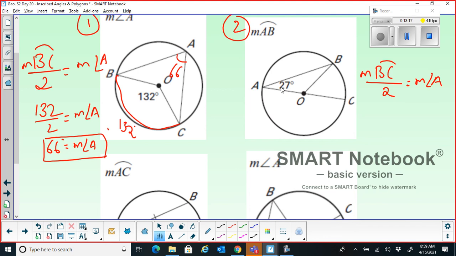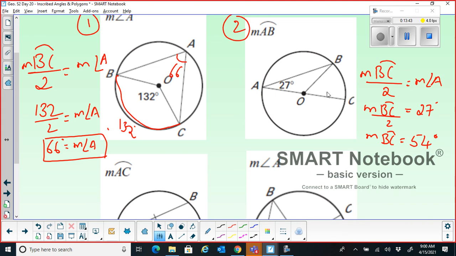Substitute what you have. You have angle A as 27 degrees and you need arc BC. If you multiply by 2 on both sides, you will have measure of arc BC as 2 times 27, which is 54 degrees.